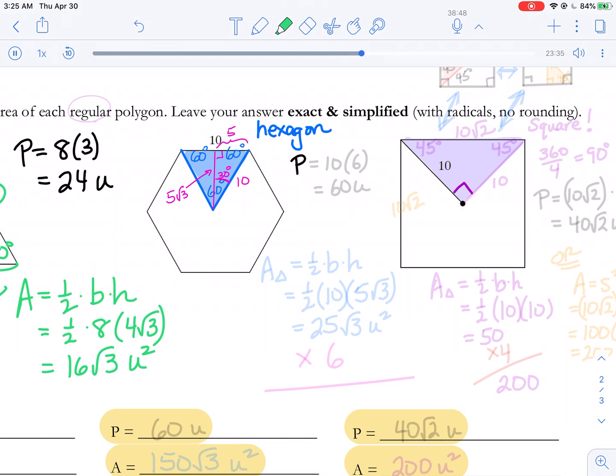Parker, what's the perimeter? 60. 10 on a side, 6 sides, 60 units. Okay, and then for our area, the area of one triangle is a half base height.